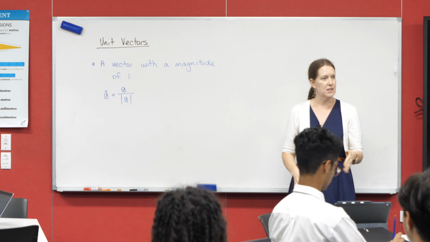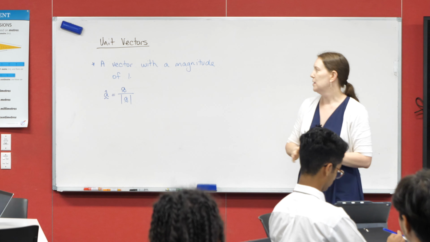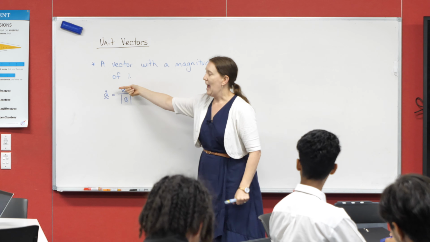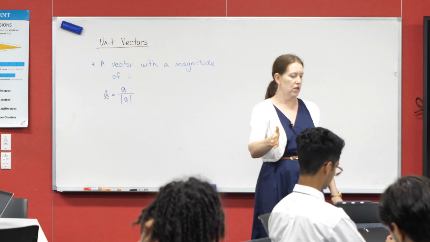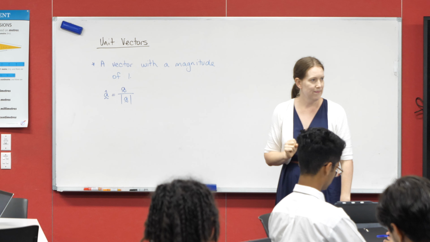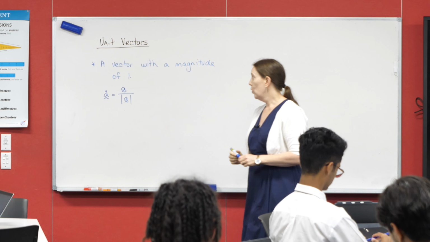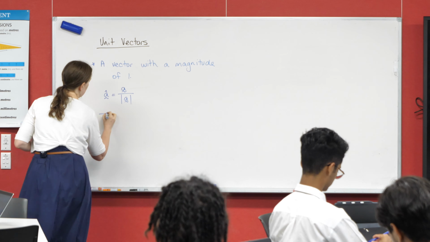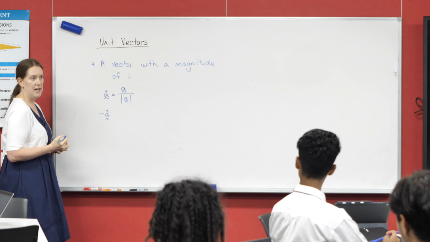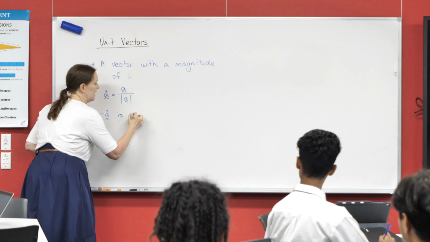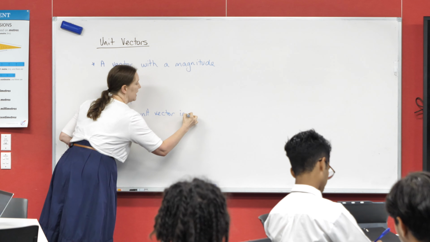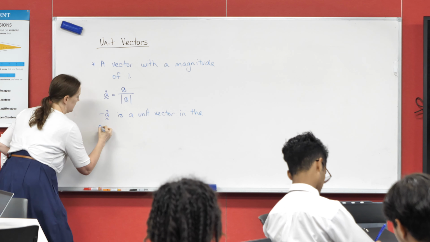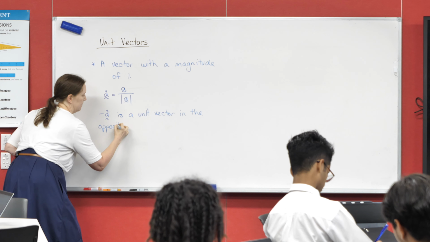We don't want to do this. We want to strip it of its magnitude. So A hat is a unit vector in the direction of vector A. And of course, negative A hat is a unit vector in the opposite direction to A.